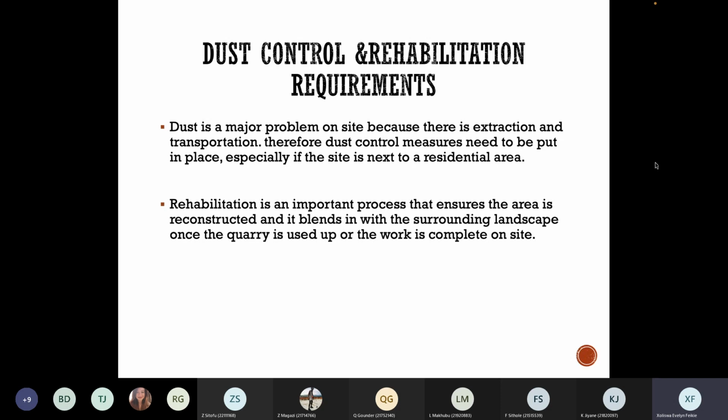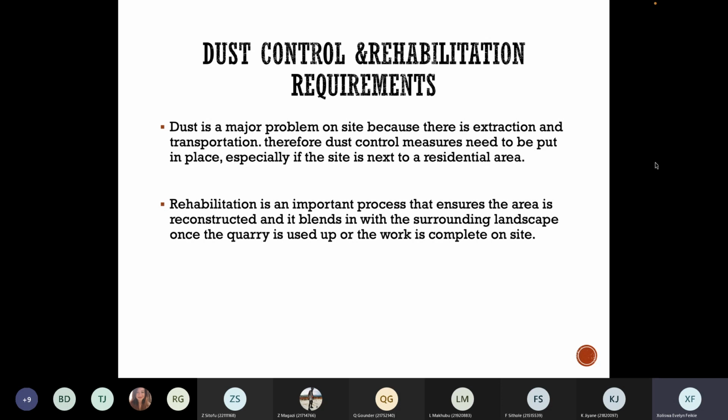Dust control and rehabilitation requirements. We said that dust is a major problem on site because there is extraction and transportation. Therefore, dust control measures need to be put in place, especially if the site is next to a residential area. How do they normally do it? They will use water.